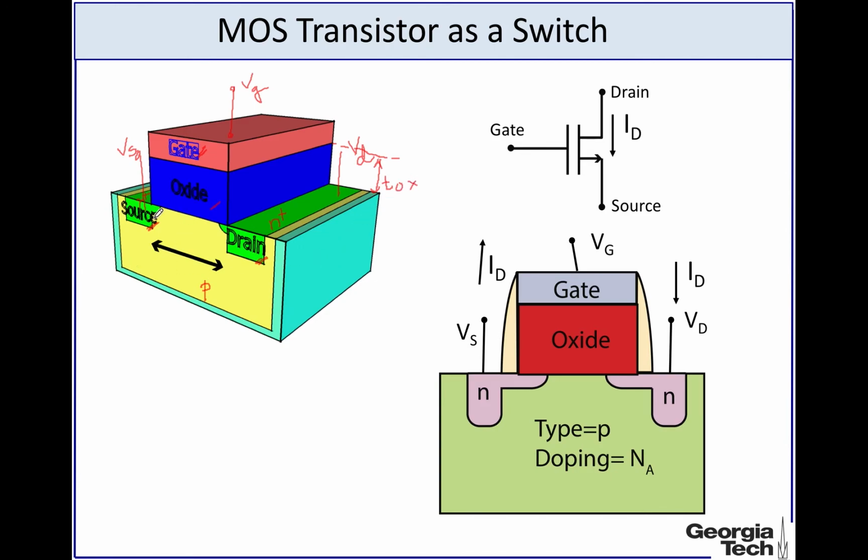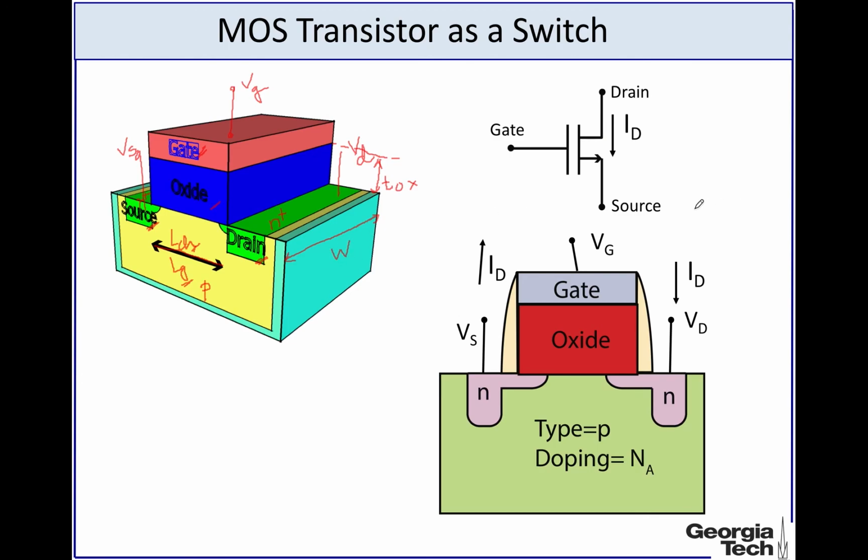Then the distance between the source and the drain, or this distance here, is what we call the channel length, which is also equal to the length of the gate, so we also call it gate length or channel length. The other one is the width of the transistor, which is this dimension here, which we call W.